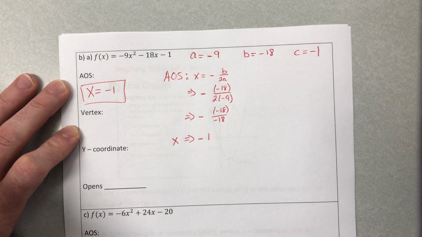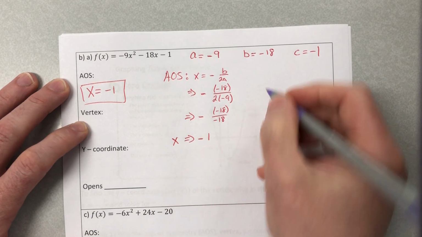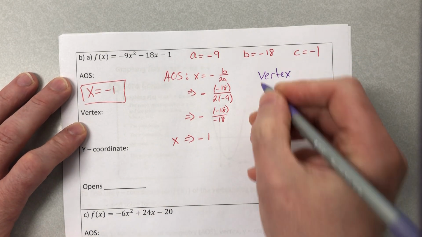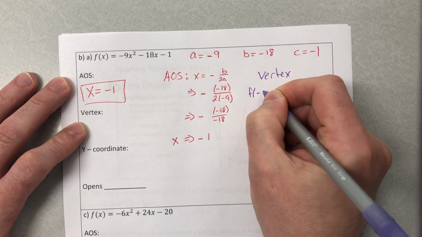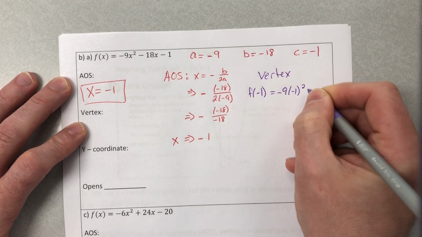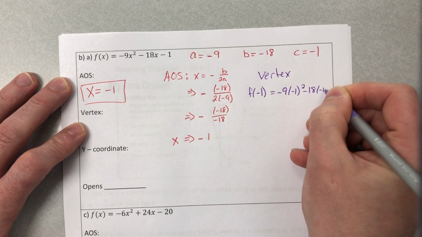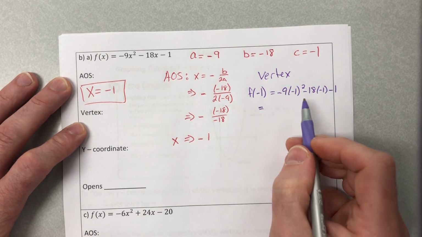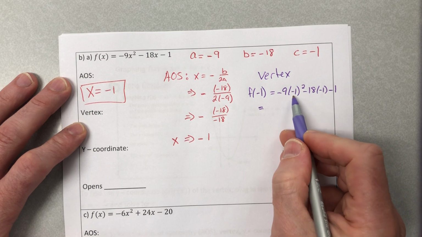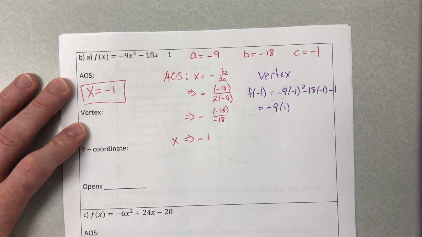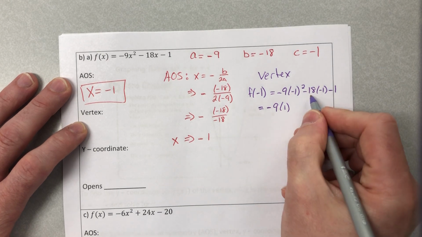Once we have the x-coordinate of our vertex, we now also need to find the y-coordinate. So we're going to plug in negative 1 wherever we see x and solve for our y. Remember order of operations here again. Negative 1 squared is 1, because negative 1 times negative 1 is 1.